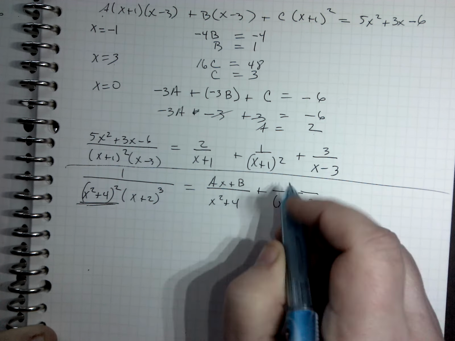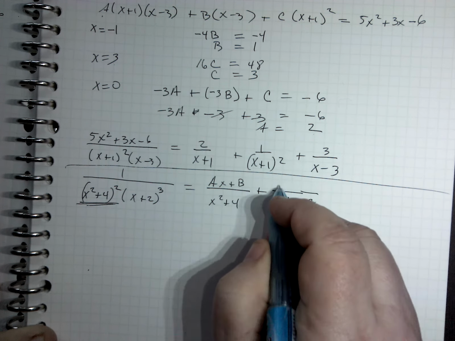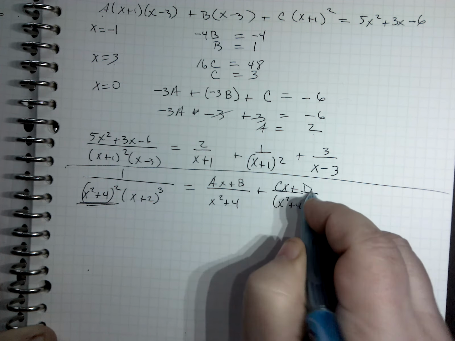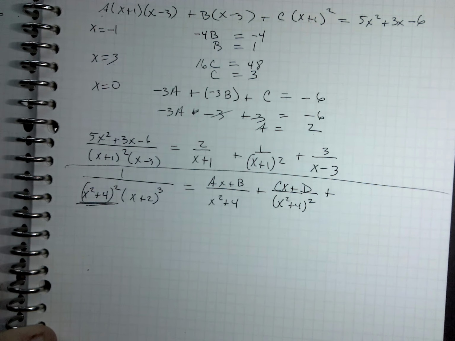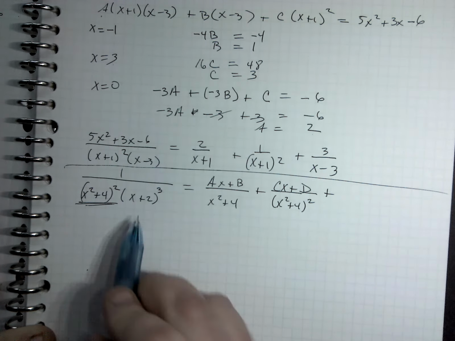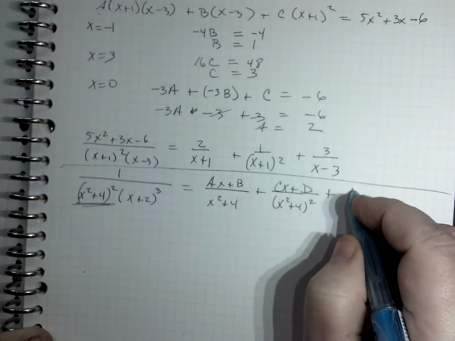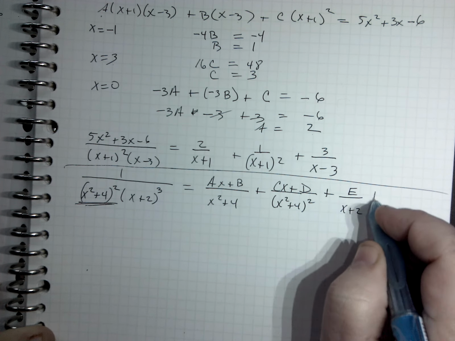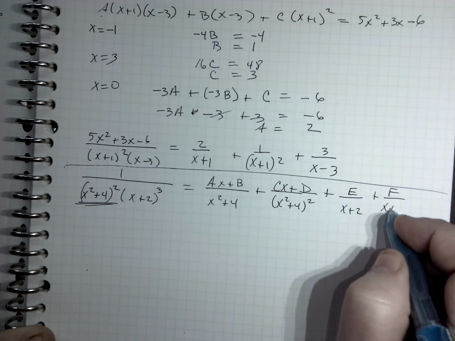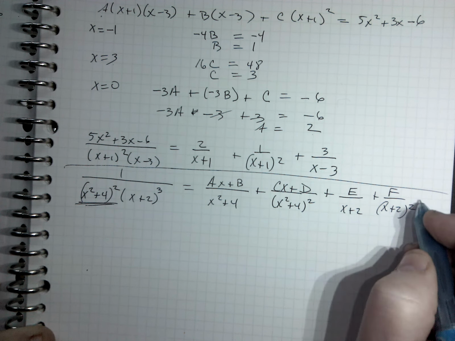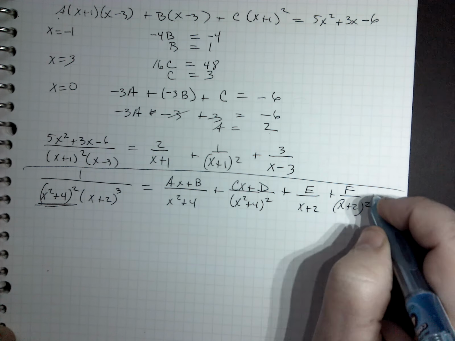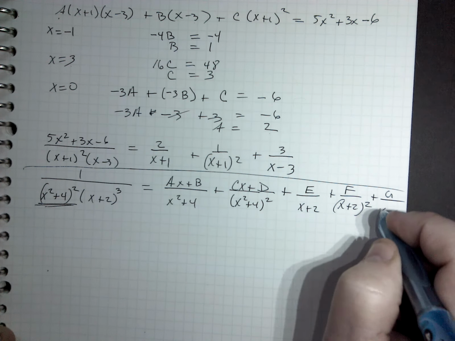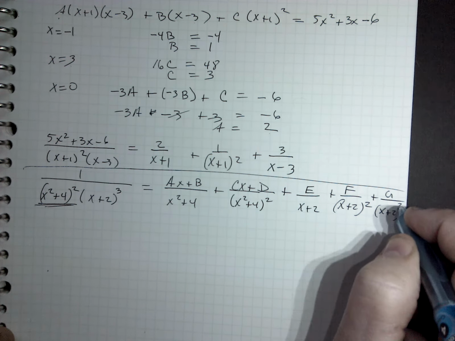I need another linear term, Cx plus D. Now I've got (x plus 2) cubed, so I have an E over x plus 2, plus F over (x plus 2) squared, plus G over (x plus 2) cubed.